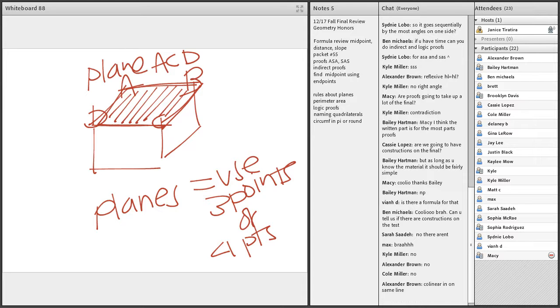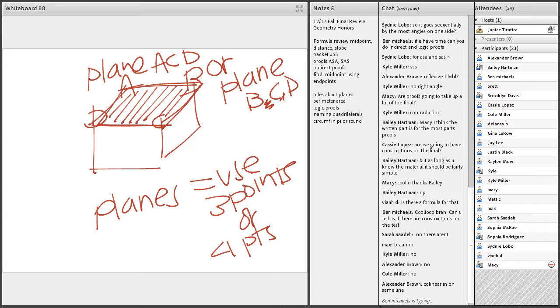So that whole top portion is A, C, D. Or I could call the whole top B, C, D. Or I could make it super obvious and say it's A, B, C, D. So you could have 3 points or 4 points, okay? 3 is the bare minimum.